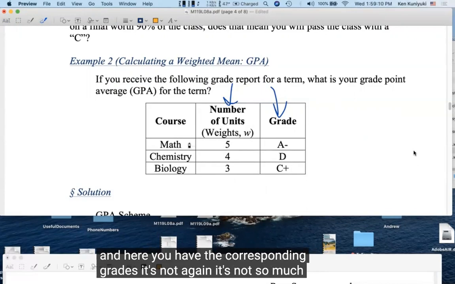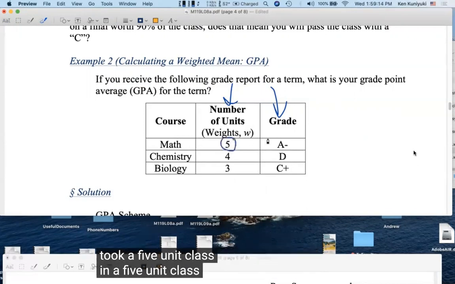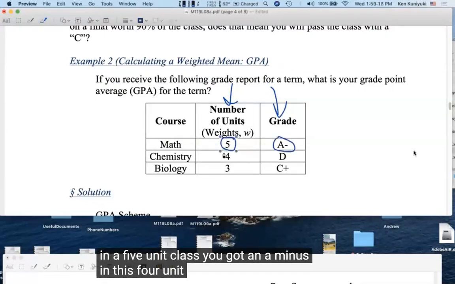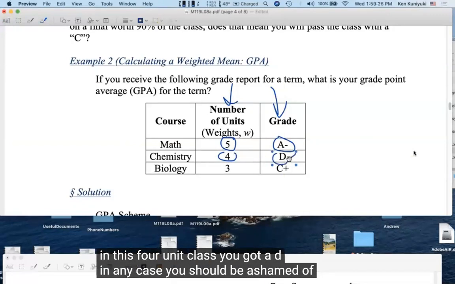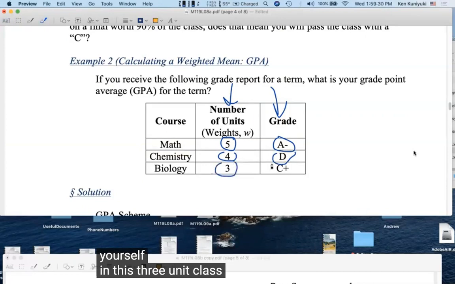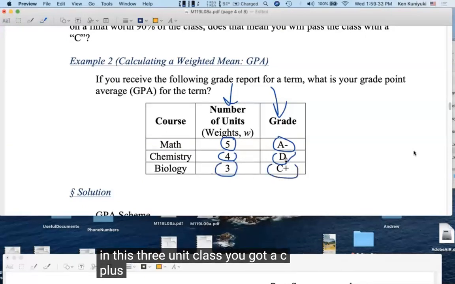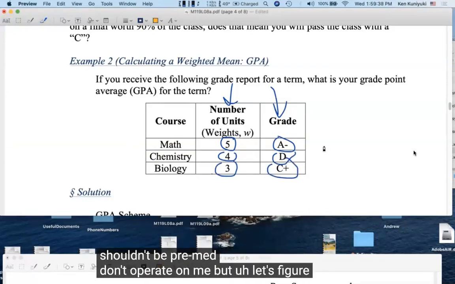In a 5-unit class, you got an A-. In this 4-unit class, I don't care what subject it is, you got a D. In any case, you should be ashamed of yourself. In this 3-unit class, you got a C+. I can tell right now you probably shouldn't be pre-med, don't operate on me, but let's figure out your GPA for the term.